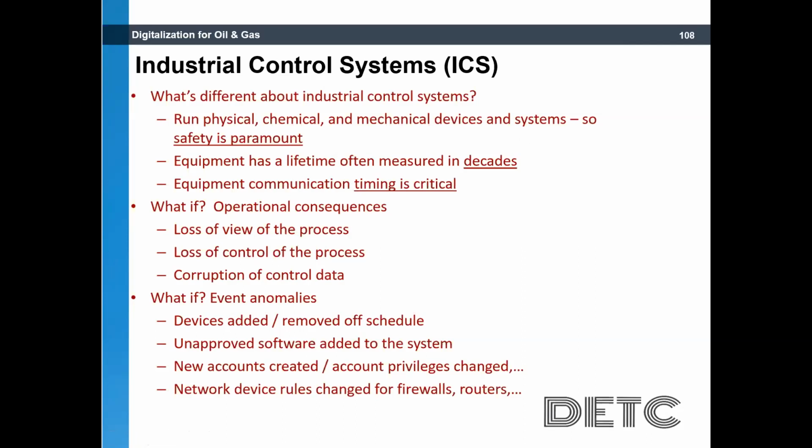In the event of anomalies, devices are added or removed off schedule depending on the case, unapproved software is added to the system, new accounts and privileges are changed, and the rules are changed for firewalls and routers.